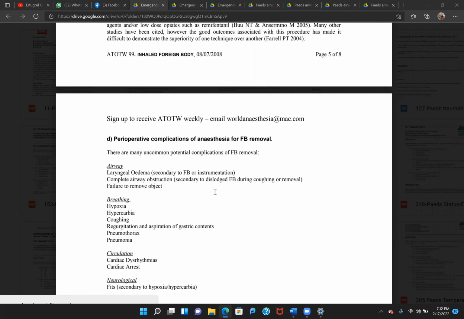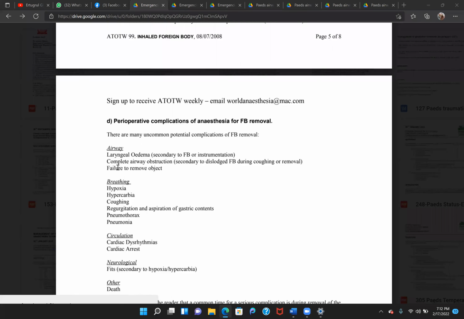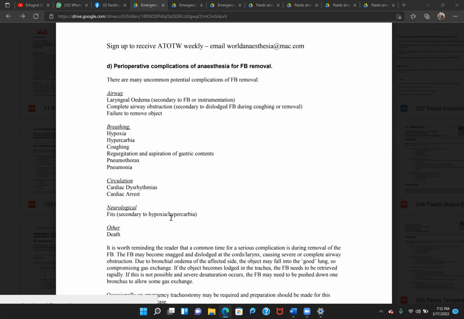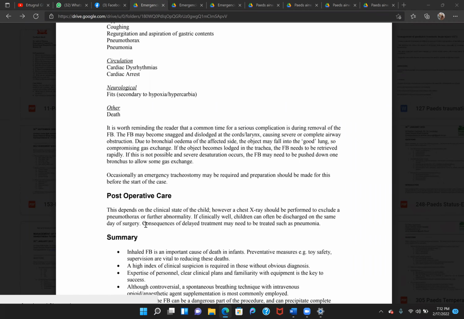Okay, so you see, these are the things which you will be seeing: laryngeal edema, complete airway obstruction, failure to remove the object, okay, hypoxia, hypercarbia, coughing, regurgitation and aspiration of gastric contents, pneumothorax can occur, okay, pneumonia if there is an infective cause. And as you told, there will be less reserve, so the patient may have a cardiac arrest because of it, or arrhythmias, okay, or because of hypoxia, hypercarbia, or anything else, there may be some neurological problem.